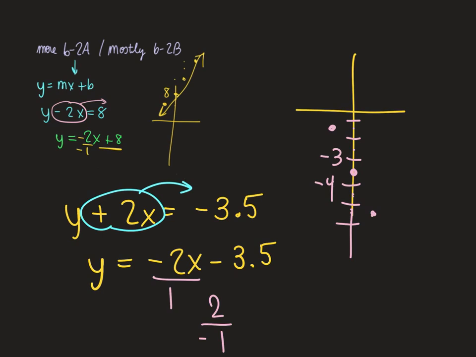It is a little weird because we're at 3.5, so you have to go to negative 4.5, negative 5.5, and over 1. So that is a little weird that they had a decimal there, but the point of this is that if you have something in the wrong spot, you just move it over to the other side.